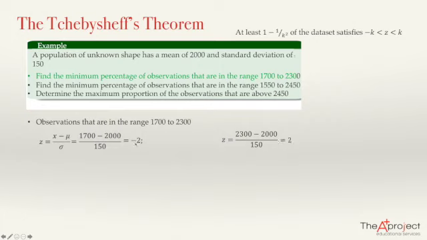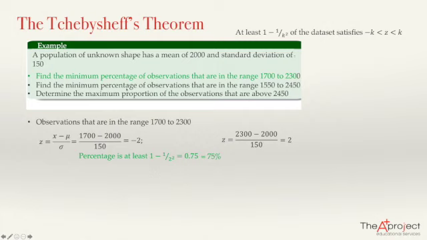So the Tchebyscheff theorem helps me, because these two values are the same with different signs. I can type the theorem with -2 here and 2 here. So it will be 1 minus 1 over 2 squared, and I know that is 0.75. We already did it before. So I know that at least 75% of the data are within 1700 and 2300.